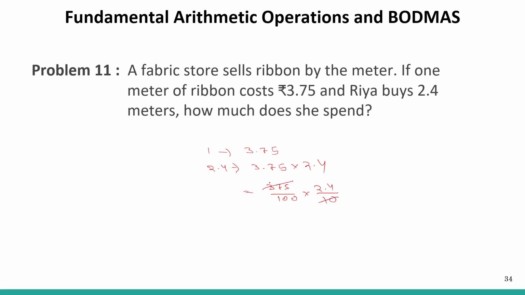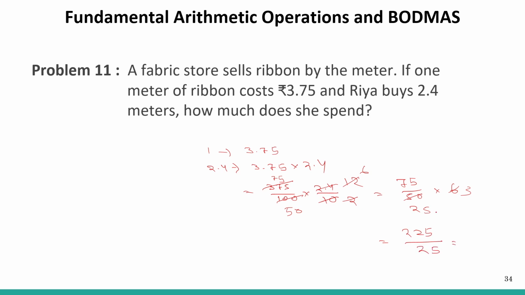Simplifying, 75 and 24, so this will be 12, 56, so 70 by 50 into 6, so this will be 25 and this will be 3, and this is 75, so 75 into 3, so 225 by 25.